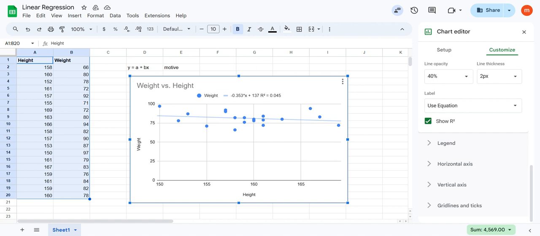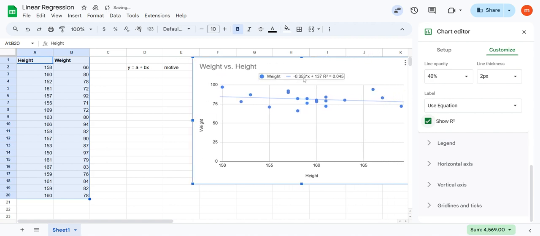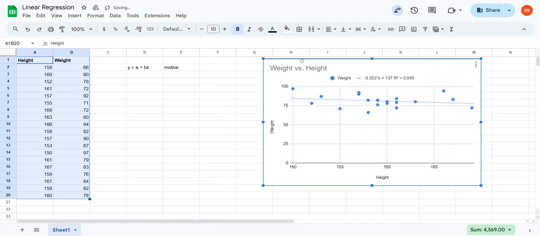So I'll go ahead and do another analysis, which is a more detailed one. But right now, you've generated this sort of equation. So x is your height, and you can generate weight as well. You can remove r square whenever required.